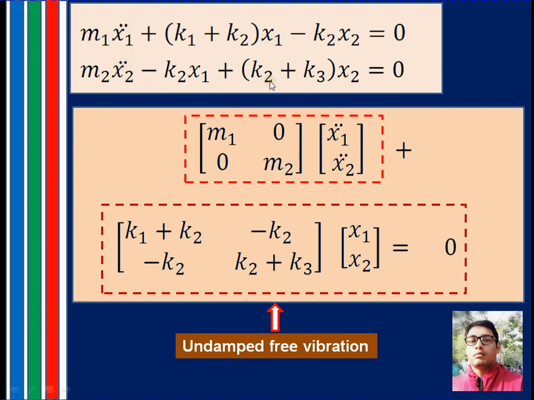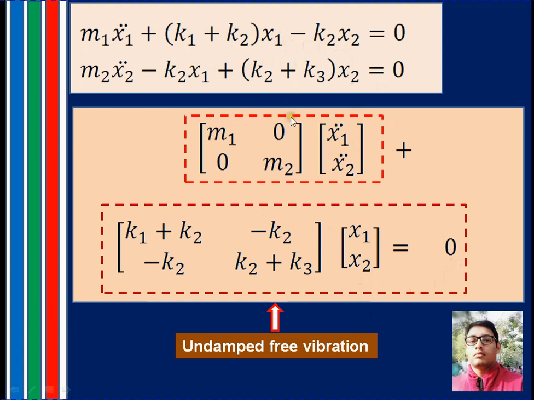Similarly, how do you represent the second and third terms together, because both represent the parameters x1 and x2. So x1 and x2 will be in the column vector, and here k1 plus k2, minus k2, minus k2, k2 plus k3 will be the matrix corresponding to the coefficients of x1 and x2.